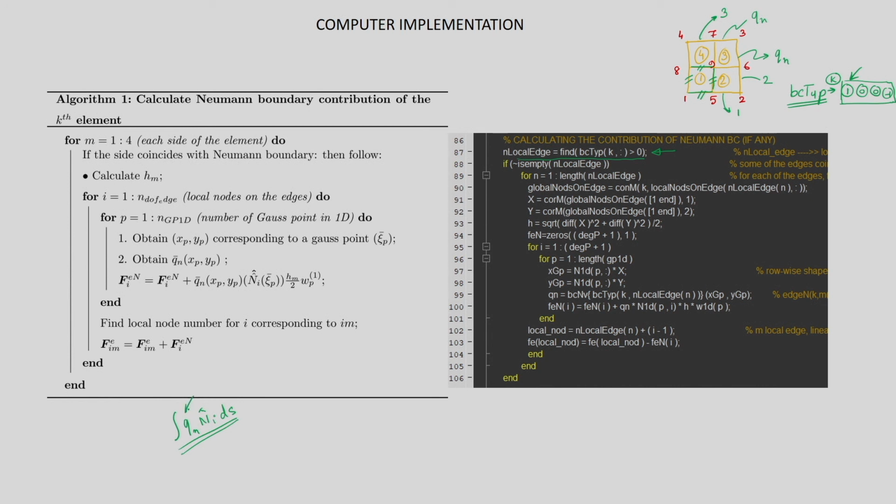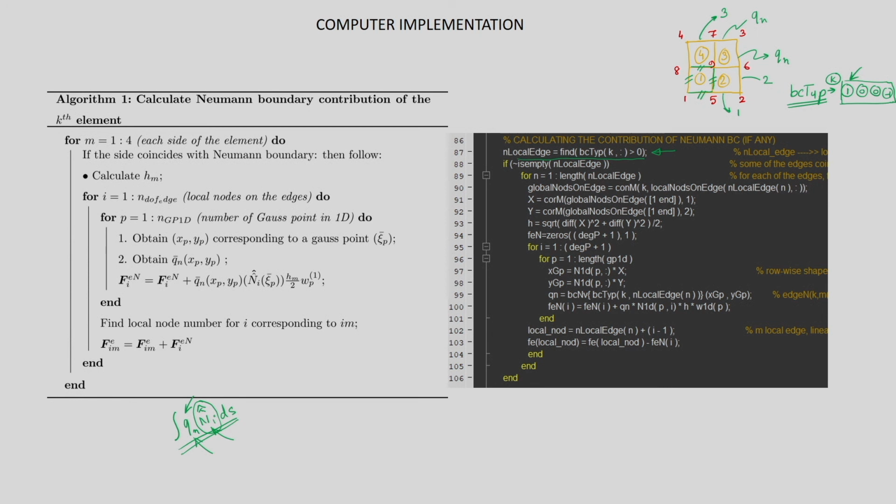So, Qn can depend upon x and y because it can vary along the boundary. So, it has to be evaluated at every point on the boundary, and this also needs to be calculated, but this is not the 2-dimensional shape function, this is a 1-dimensional shape function once we map it to the master element. So, this part has already been discussed.